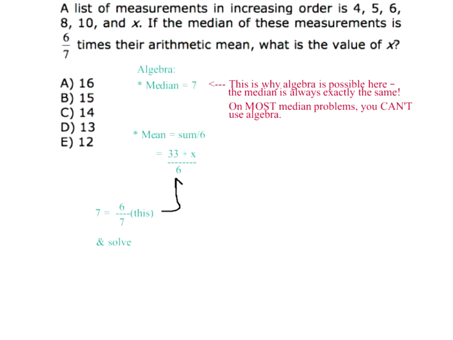You just wind up with 7 equals 6/7 times that fraction. The 6's would go away, so you'd wind up with 7 equals 33 plus x over 7. If you don't understand how that works, then you might want to check the Foundations of Math book or something where they talk about math with fractions.